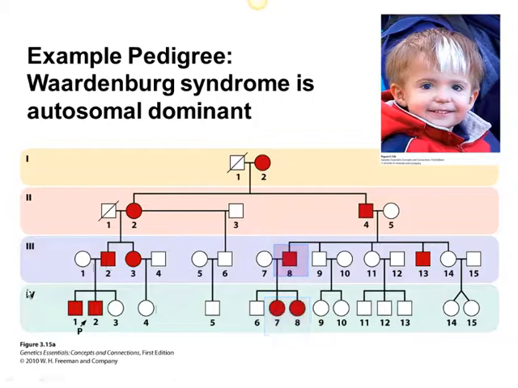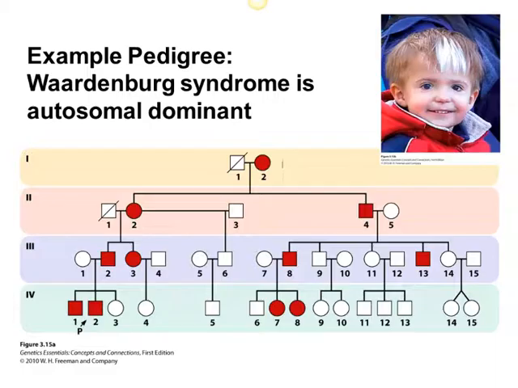So you check that bottom generation, and everybody in the bottom generation who has it, all the shaded ones, have a parent who also has it. Then you go to the next generation up. You have several people who have it. Do they all have a parent who has it? Yes. And then you go up. Do these two have a parent who has it? Yes. And you check all the way up. That's the pattern for the dominant: everyone who's affected has an affected parent.